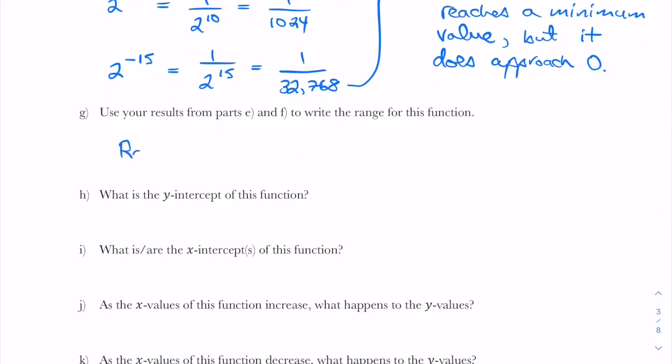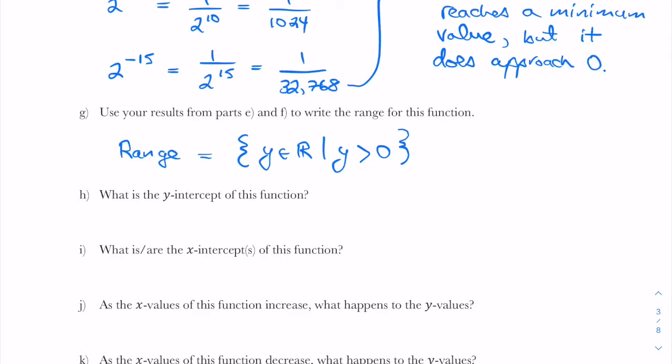So the range of our new exponential function is the set of y values that belong to real numbers such that y is greater than but not equal to 0. Take a look at the graph and verify for yourself that that is what's actually happening. Part H, what's the y-intercept of the function?